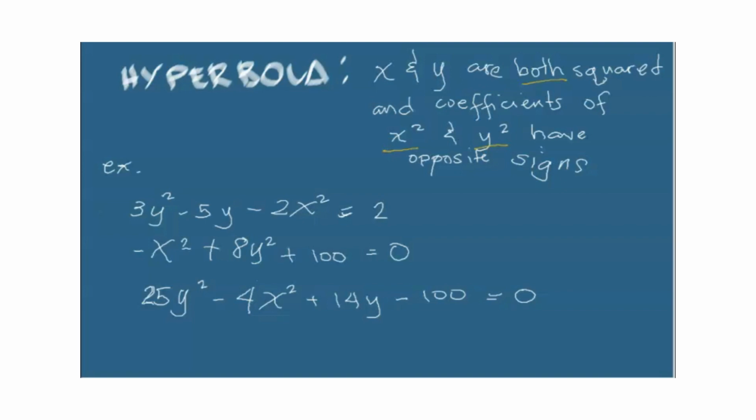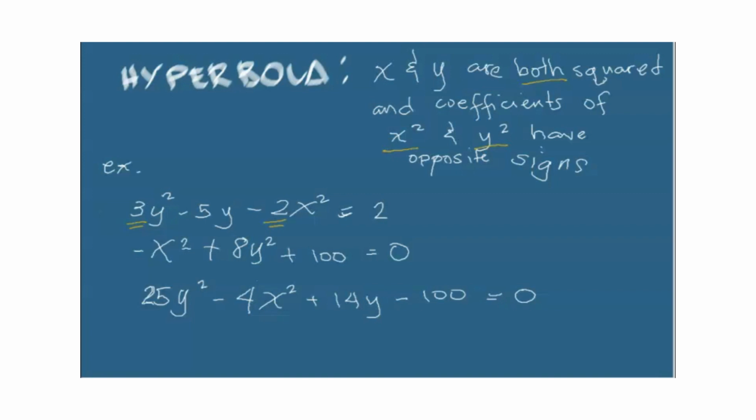Example, 3y squared minus 5y minus 2x squared equals 2. For y squared, the coefficient is positive 3. For x squared, the coefficient is negative 2. So one is positive, one is negative.